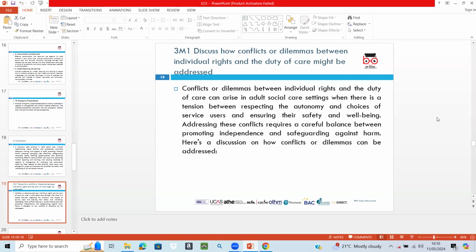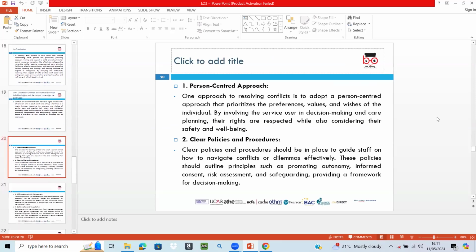Then move to the next slide. In this one, we have to discuss the person-centered approach and clear policies and procedures.